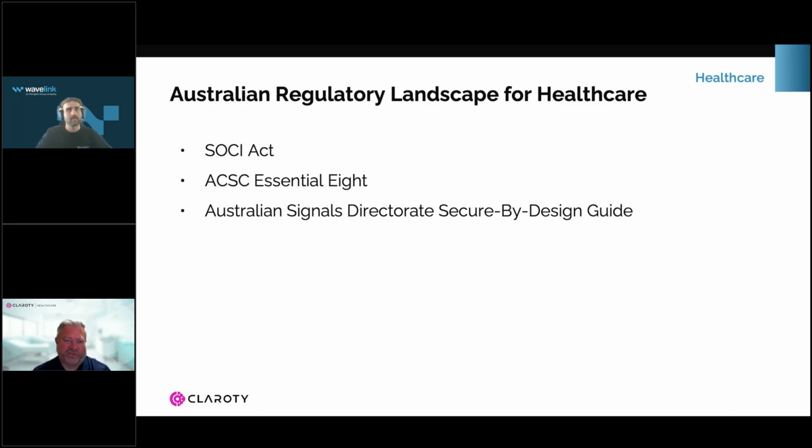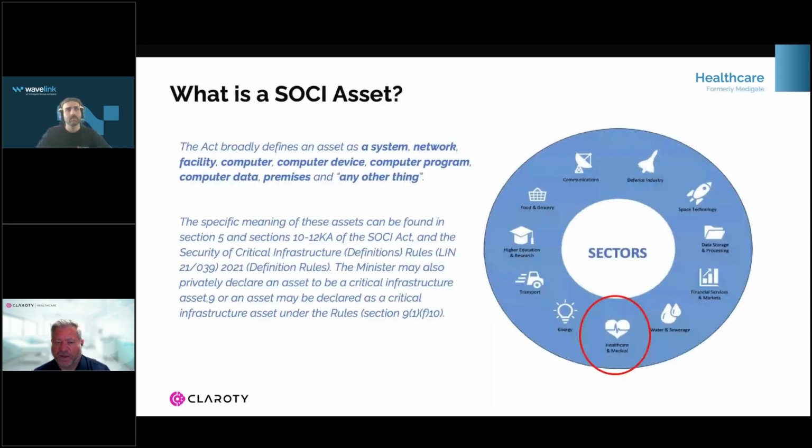So, the SOCI Act, from a healthcare and medical standpoint, is broad, right? A system, network, facility, computer device, computer program, any other thing that touches or is deemed to be critical is an asset that must be registered.